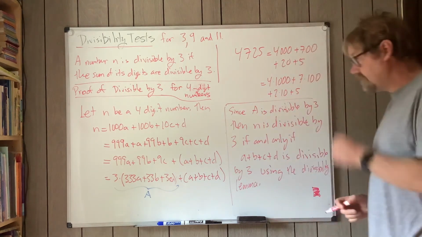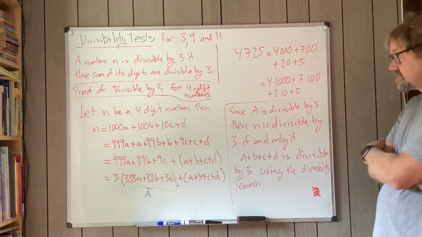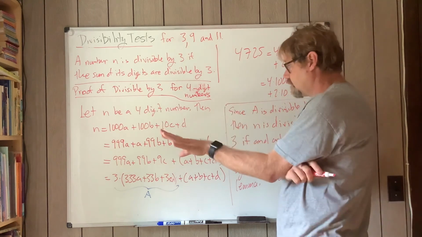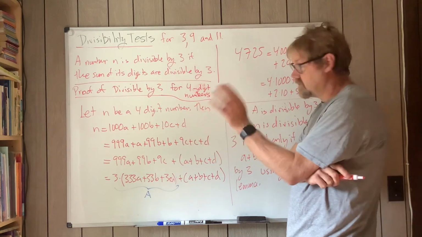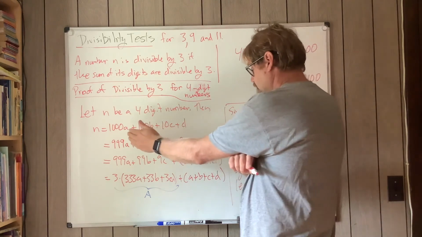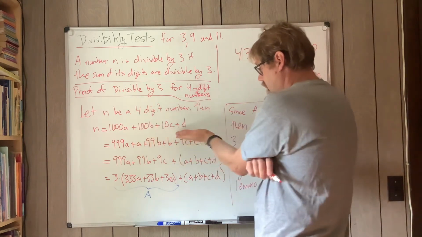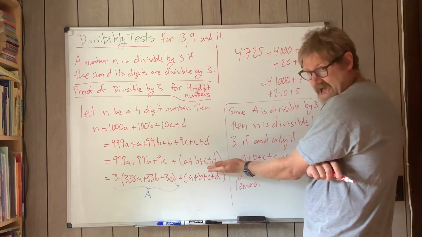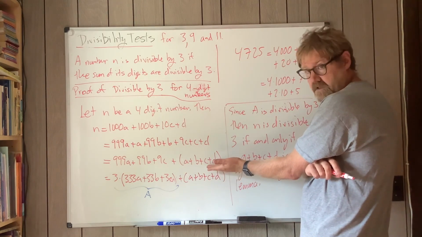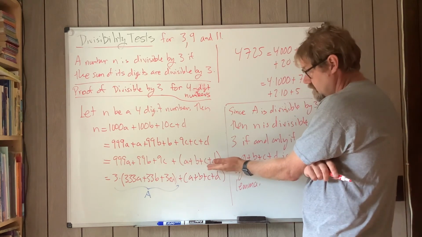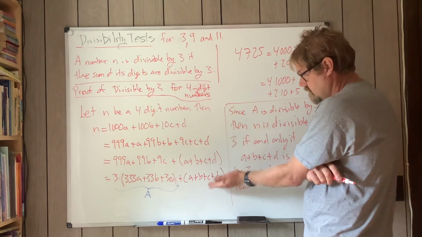Okay, so even though this was a little different from the other ones that we've done, where we were looking at the last digit or the last 2 digits, this one is the sum of the digits. So what we do is we write down the number in such a way that I'm pulling out the sum of the digits, right?